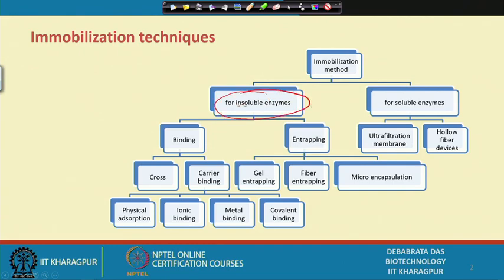One is called insoluble enzymes, another is called soluble enzymes. In the case of insoluble enzymes, the immobilization can be done in two ways: one by binding, another by entrapping.